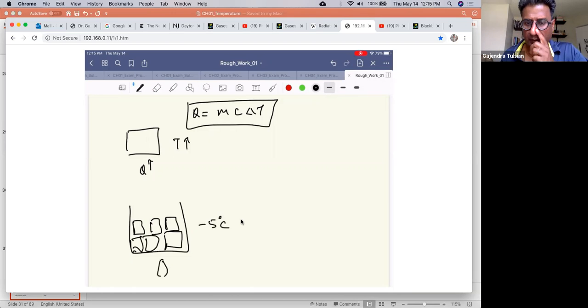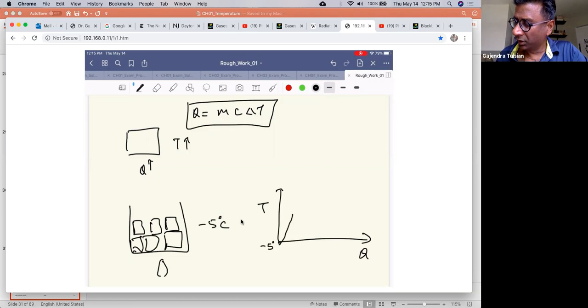And you heat it. You're adding heat and measuring the temperature. The temperature of the ice will rise from -5 up to 0 degrees Celsius. And then, even though you're adding heat, the temperature is not rising. When it comes to 0 degrees Celsius, the temperature does not rise even though you're adding heat.